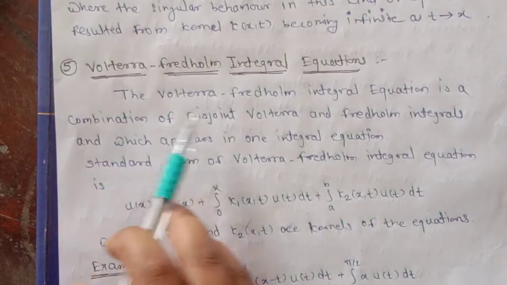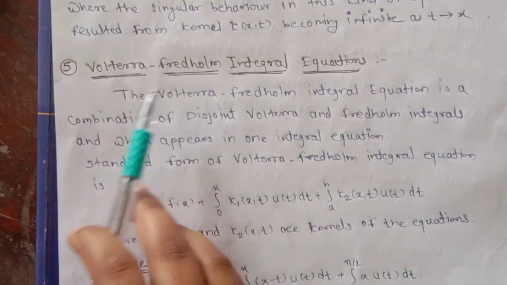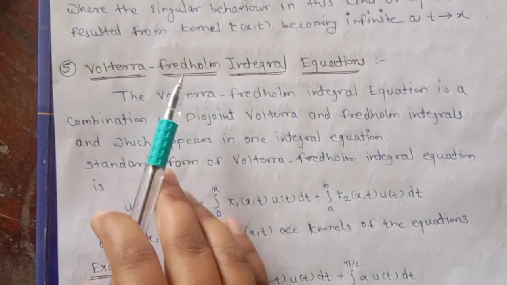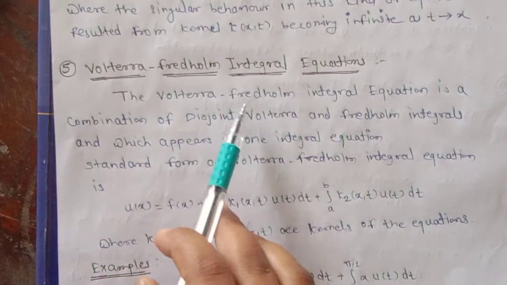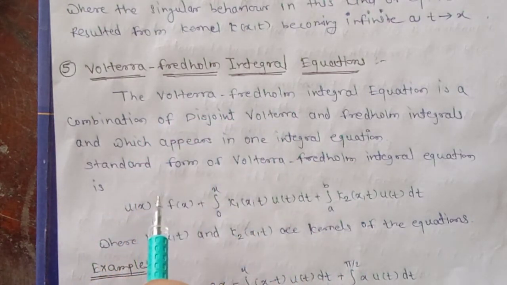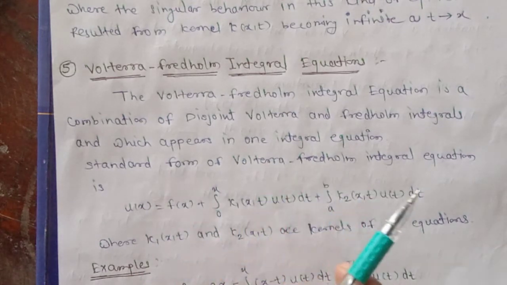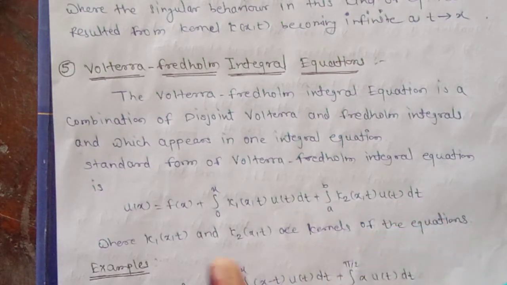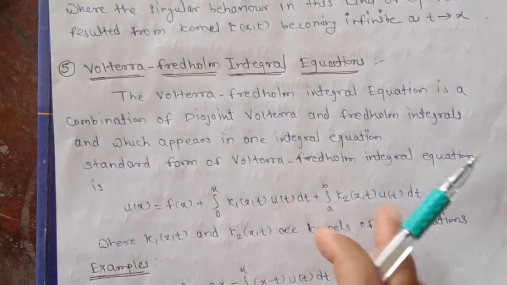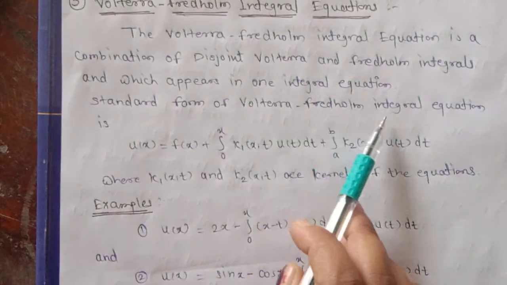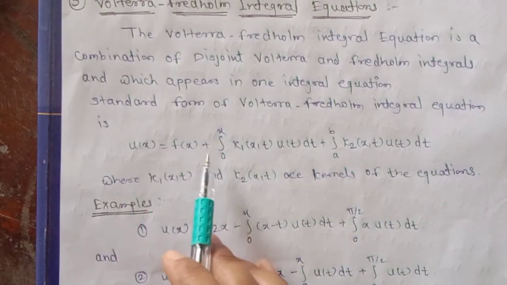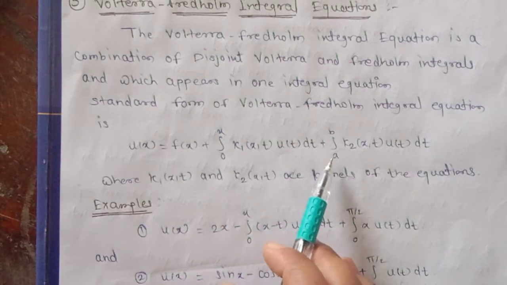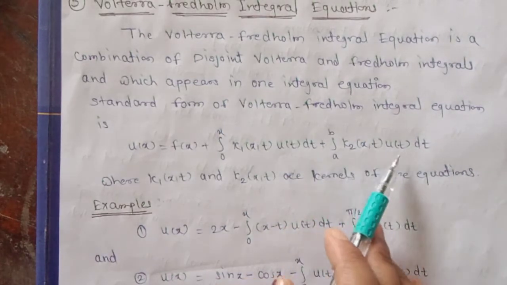Okay, what is given in the name also, we look at the two combinations of Volterra and Fredholm. So there is a combination of both Volterra and Fredholm integral equations in one equation, which is our Volterra-Fredholm integral equation. And the standard form of the Volterra-Fredholm integral equation is u of x is equal to f of x plus integral 0 to x k1 of x t u of t dt plus integral a to b k2 of x t u of t dt.